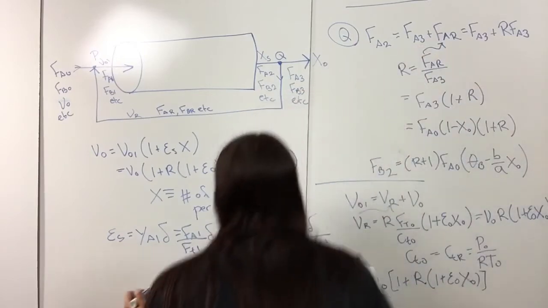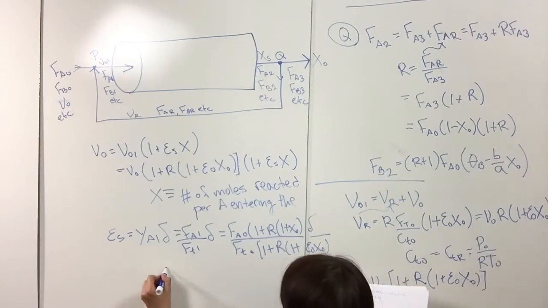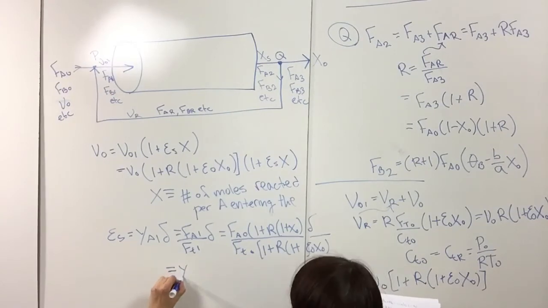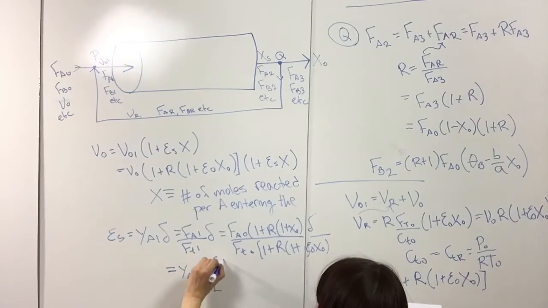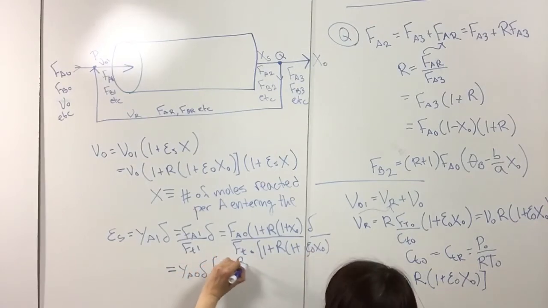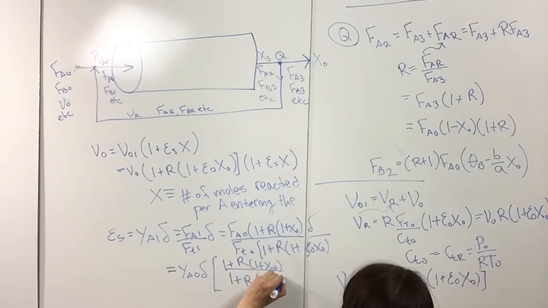And then this is equal to YA naught delta 1 plus R 1 plus X naught over 1 plus R 1 plus epsilon naught X naught.